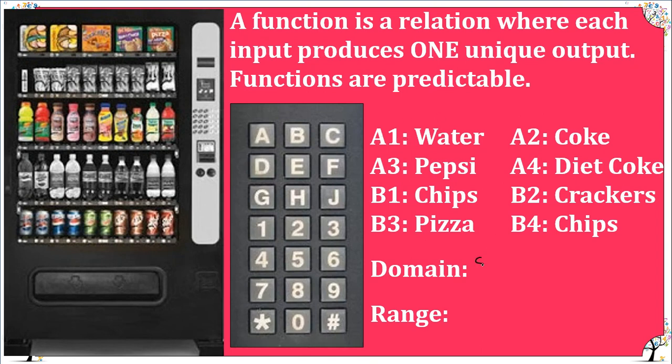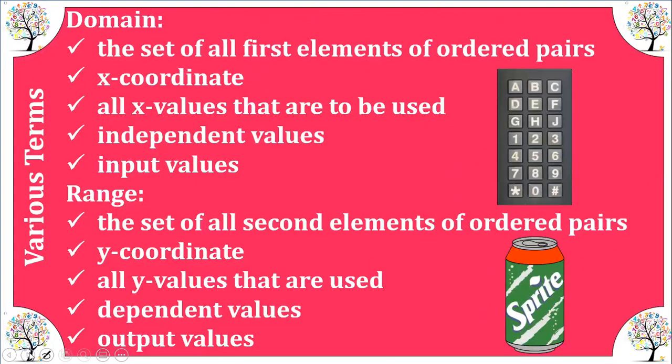So my domain would be A1, A2, A3, and so forth. Those are your inputs. Your range are the things that you get out. The water, the Coke, the Pepsi, and so forth. So again, your domain is your input and your range is your output.